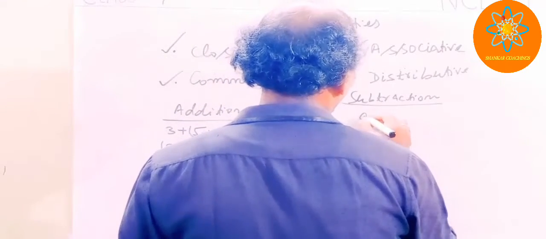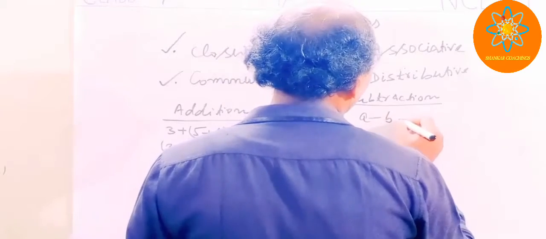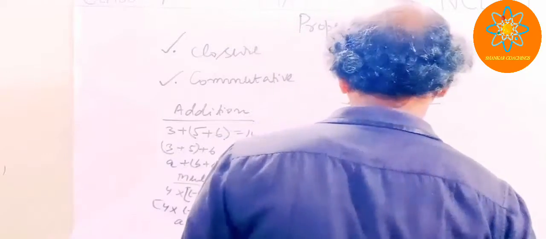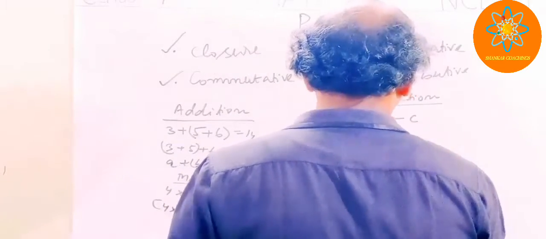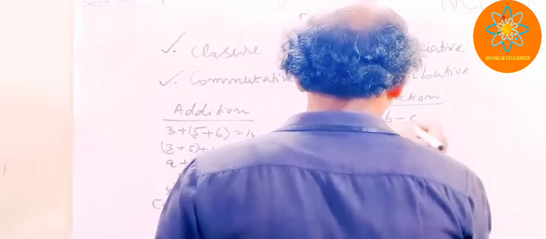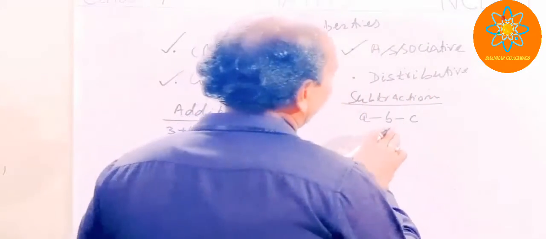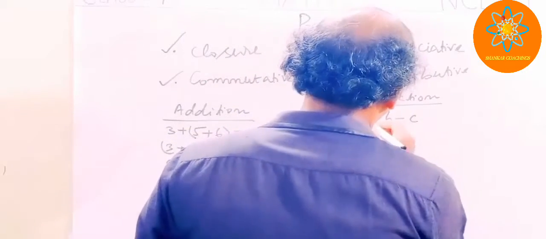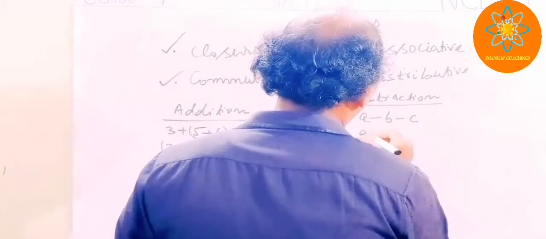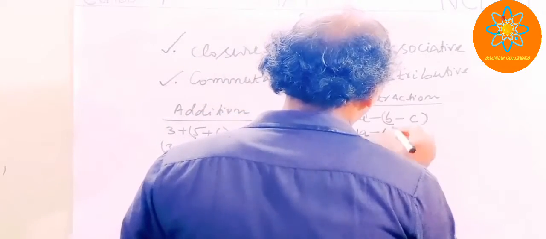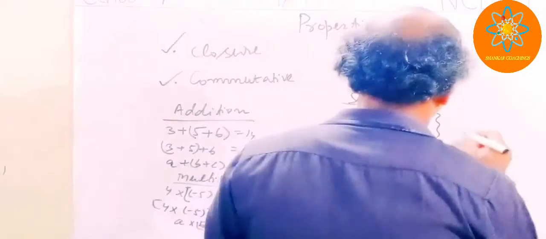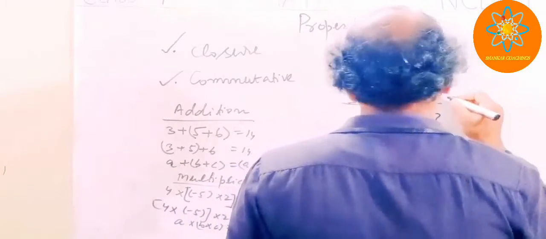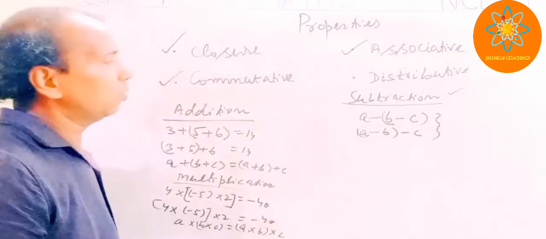Suppose I write A minus (B minus C), and I can also write it in this way, (A minus B) minus C. Then what are we getting? These two are not equal, so this is meaningless, and for subtraction the associative property is not true.